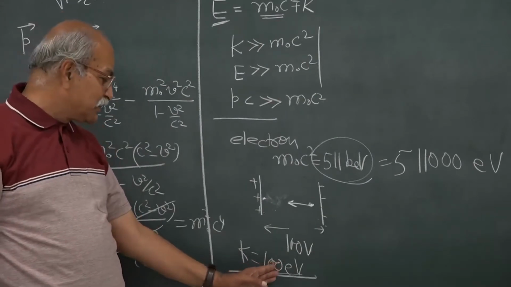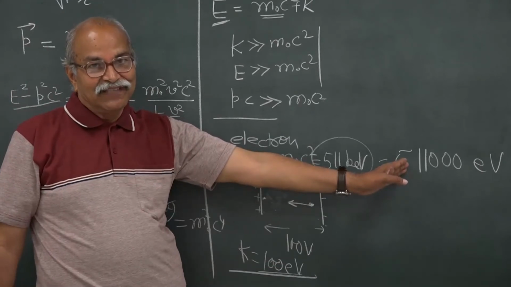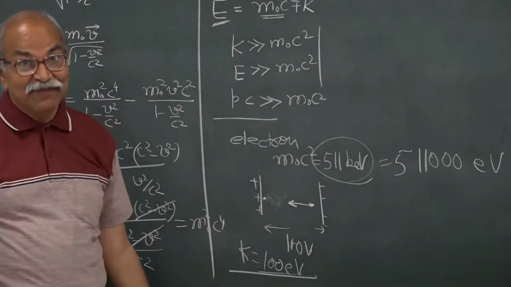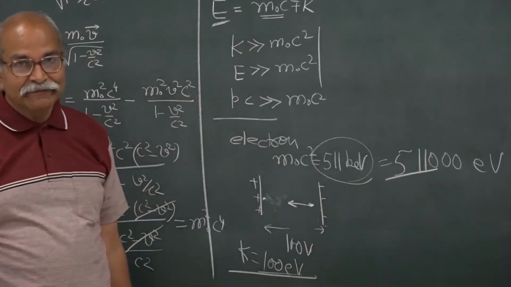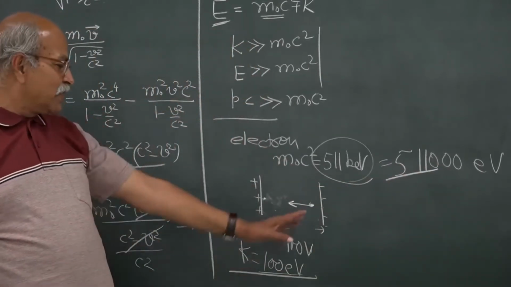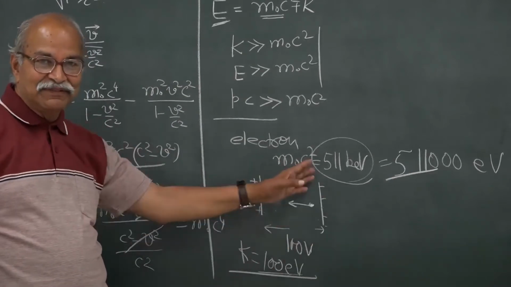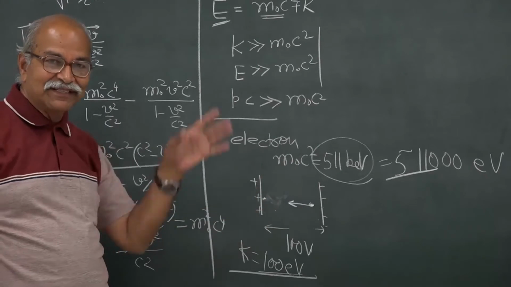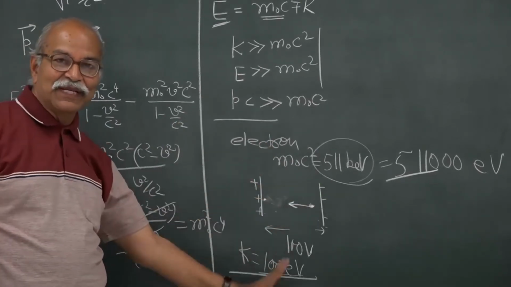So, this is much smaller than the rest mass energy, about 1 in 5000. So I will say that okay, Newton is okay, F is equal to ma and half mv square, and v is equal to u plus at, and all those things will work very well here.